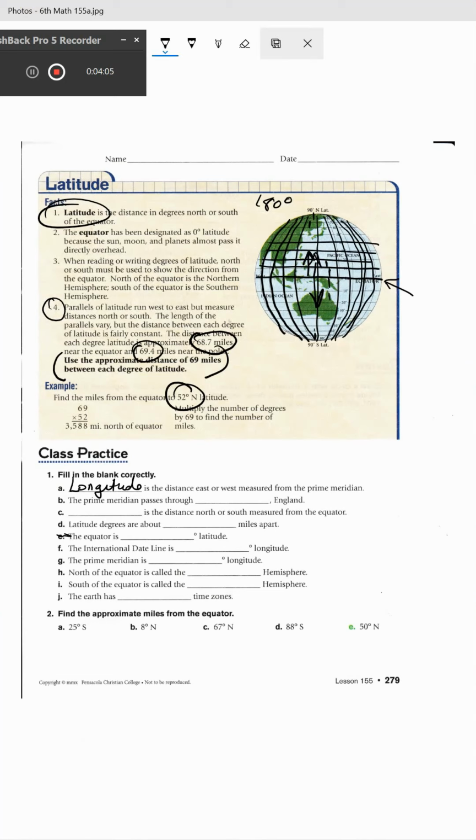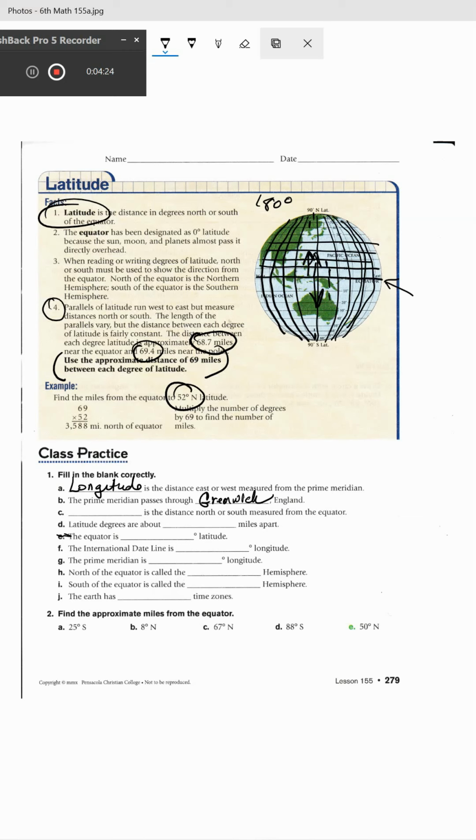The prime meridian passes through Greenwich. Did I spell Greenwich right? No. You actually spell it Greenwich. Sorry. Two E's. Can you see my other E?